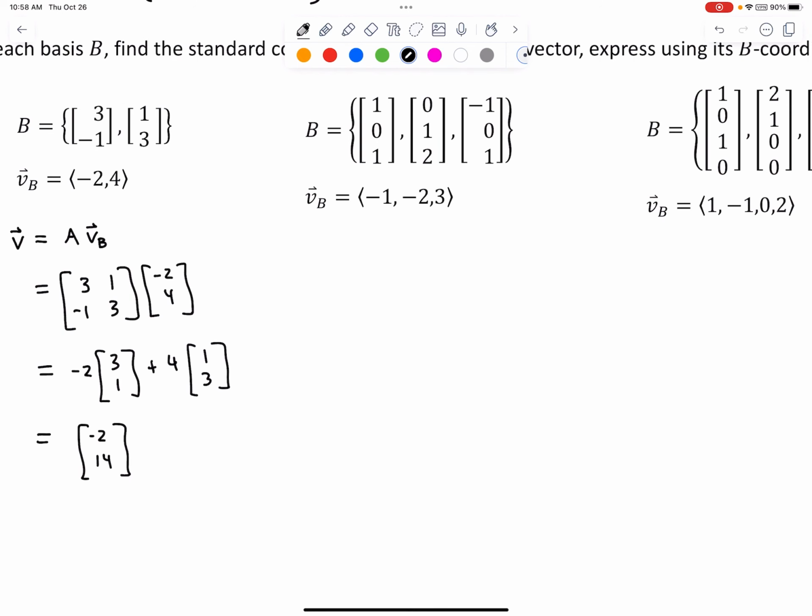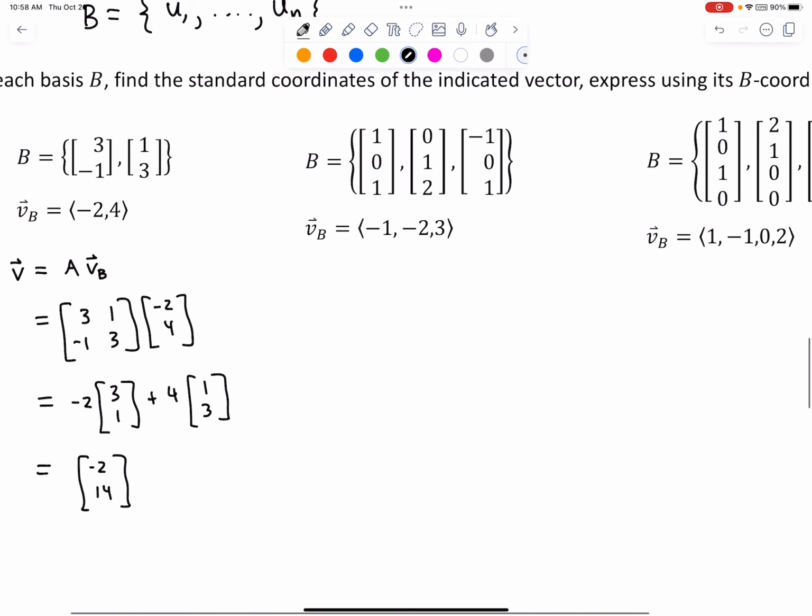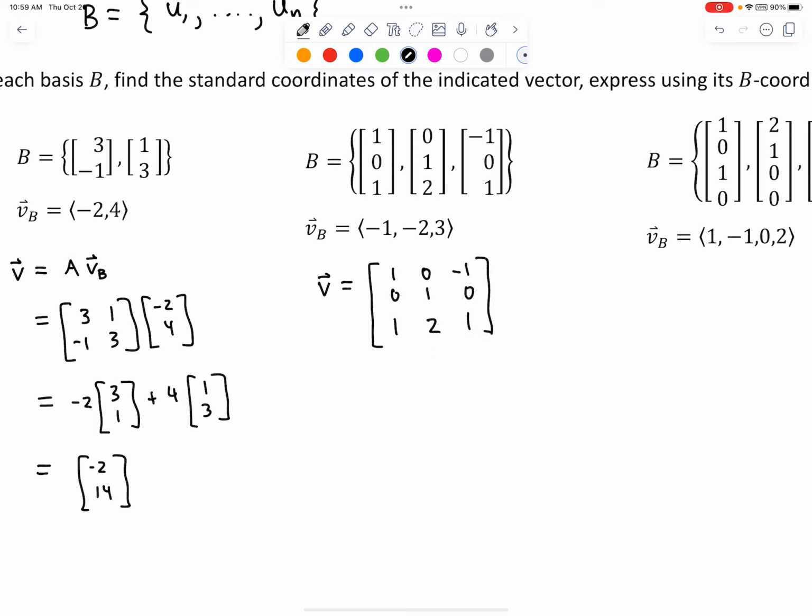Okay, repeating this, now we have this basis of R3, and the b coordinates are negative 1, negative 2, negative 3. So to find the standard coordinates, we simply have to create a 3 by 3 matrix constructed using the basis vectors, and then multiply that by the b vector. And this gives us the coordinates negative 4, negative 2, negative 2.